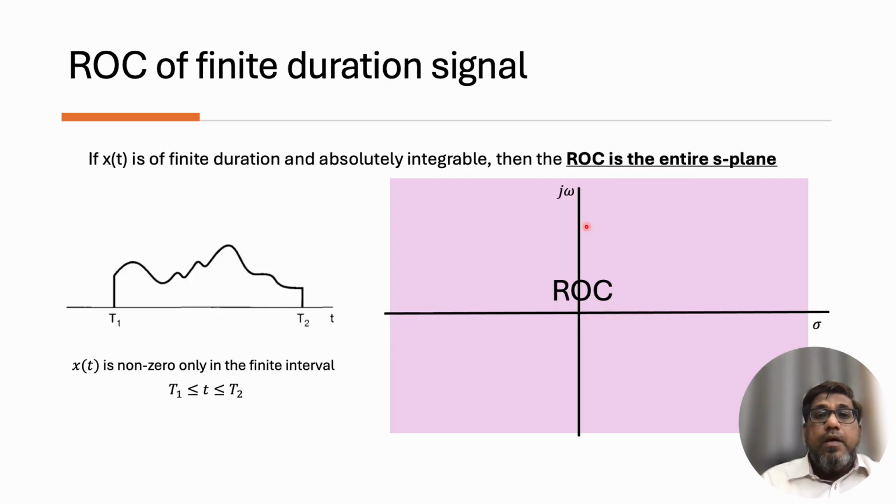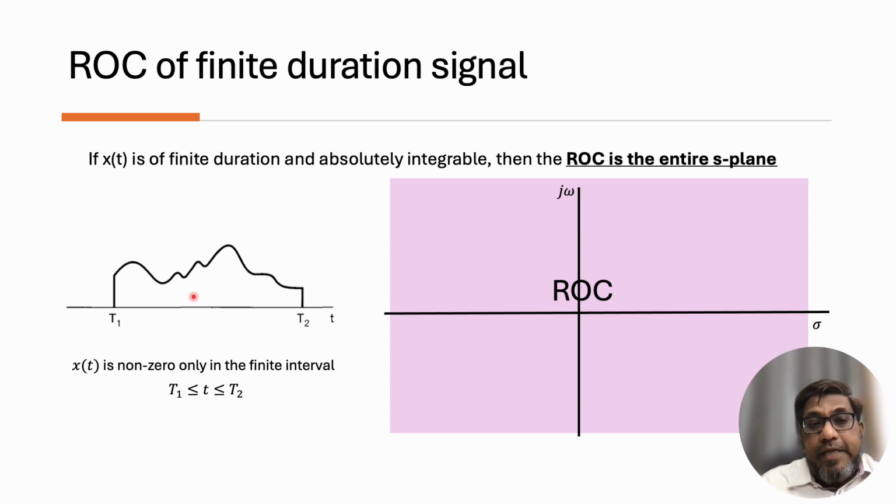Okay, now let's look at another type of signal, a signal of finite duration. So far what we have seen are signals of infinite duration. It was either a right-sided signal extending to the right to infinity, or a left-sided signal extending to the left towards minus infinity, or a two-sided signal extending to infinity on both sides.